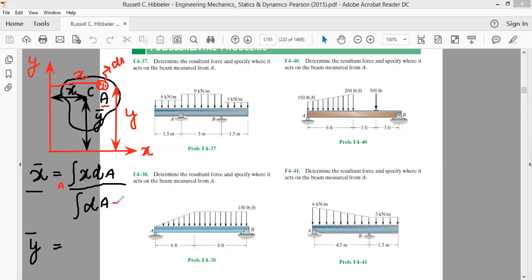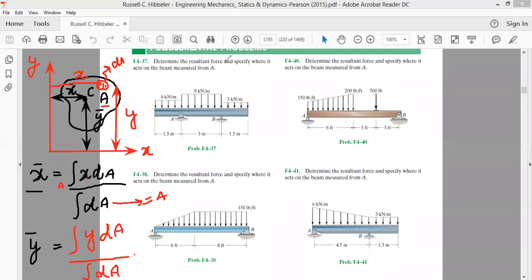This integral dA is, by the way, equal to the total area A. In the same way, we define the y coordinate of the centroid as integral y dA divided by integral dA. This is the y coordinate of the centroid.